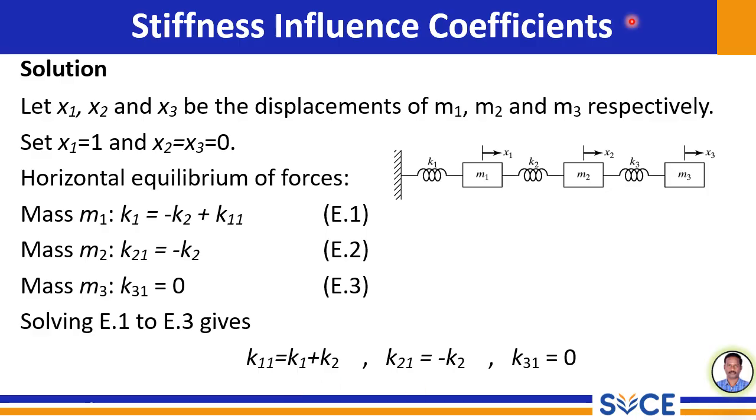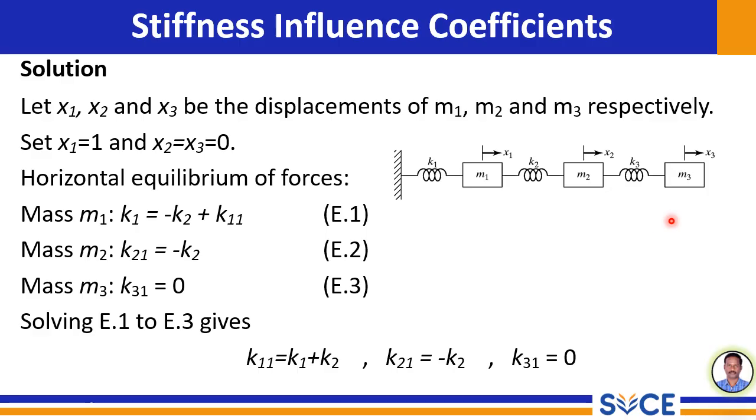Then, similarly, for mass M2, with the spring stretched by unit 1 due to x1 equal to 1 and x2 equal to 0, the force K2 is exerted. That means K21 is equal to minus K2, since it is compressed. This gives us K21 equal to minus K2.